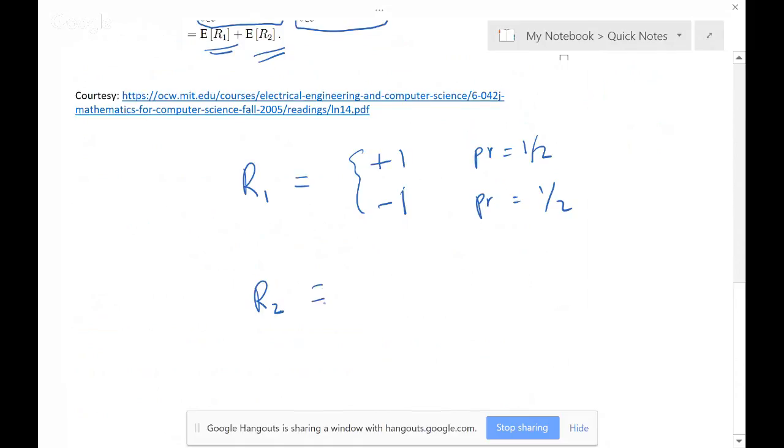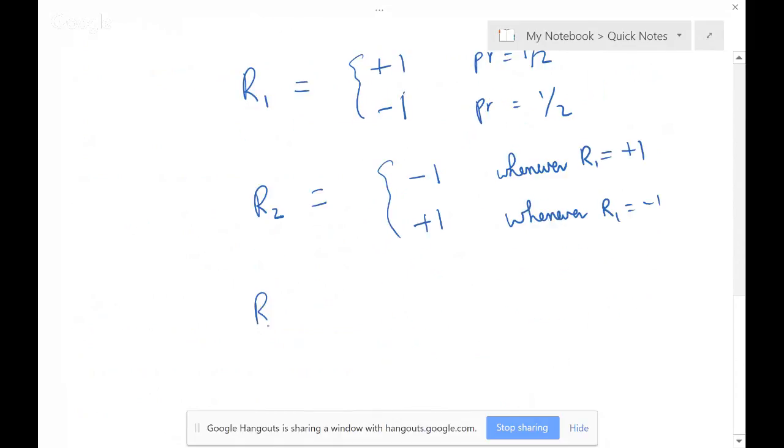I'm going to say that R2 is -1 whenever R1 equals +1, and +1 whenever R1 equals -1.